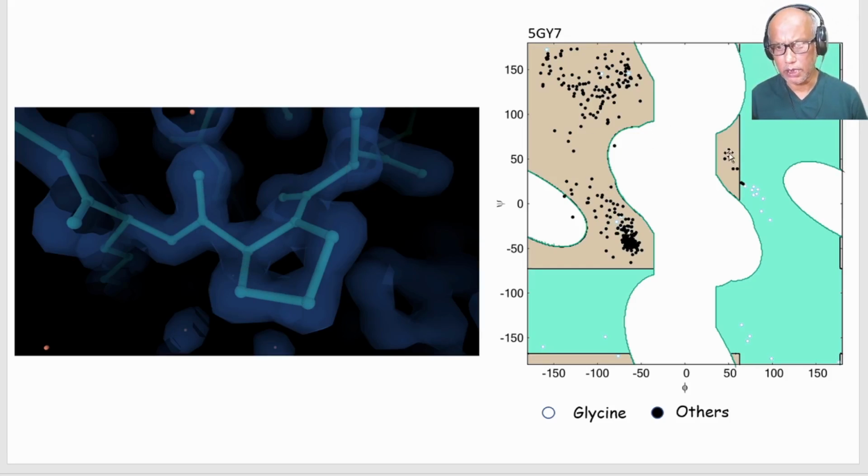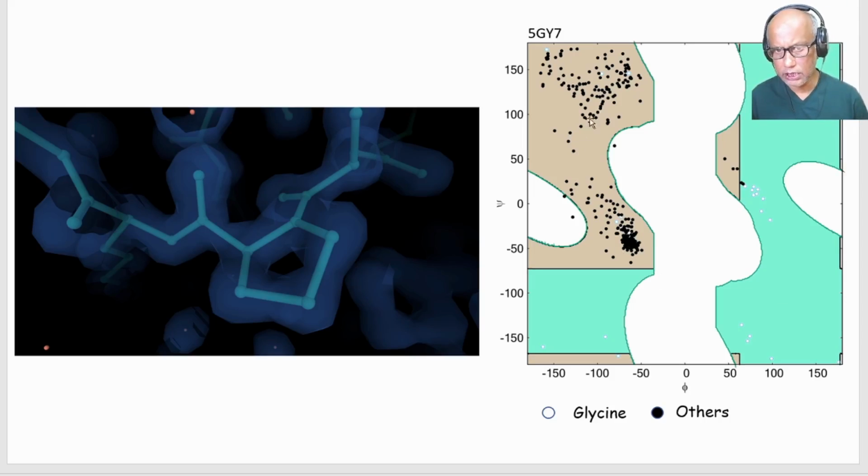And the end result is this Ramachandran map she got. Out here, the black points represent non-glycine amino acids, while the glycine amino acids are shown by white dots. I hope you can see them in the video. Now you know that glycine has an additional allowed region. So the green regions here mark the additional allowed regions for glycine, while the brown region marks the allowed regions for non-glycine residues.